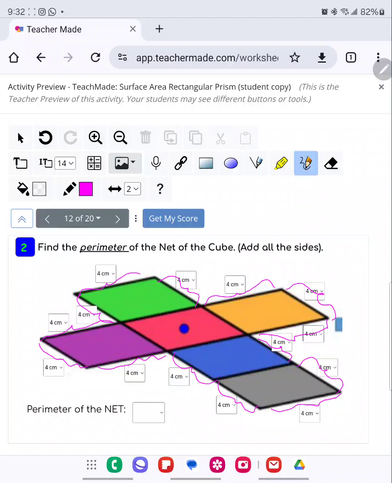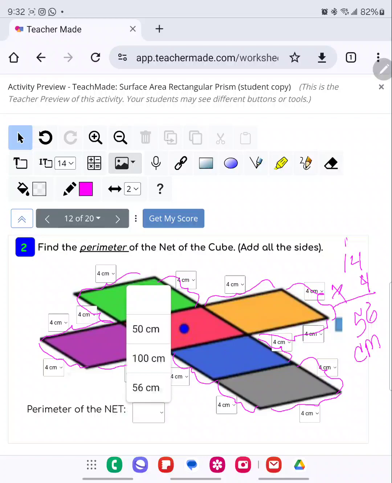All right, so what is 14 times 4? It's the same thing as adding the 14 times, but that'd be crazy, guys. You're going to add it 14 times. It's too much. 4 times 4 is 16. 1 times 4 is 4, plus 1 is 5. So the perimeter is 56 centimeters. So we're going to go ahead and put that that's the perimeter of the net, and here's your answer.